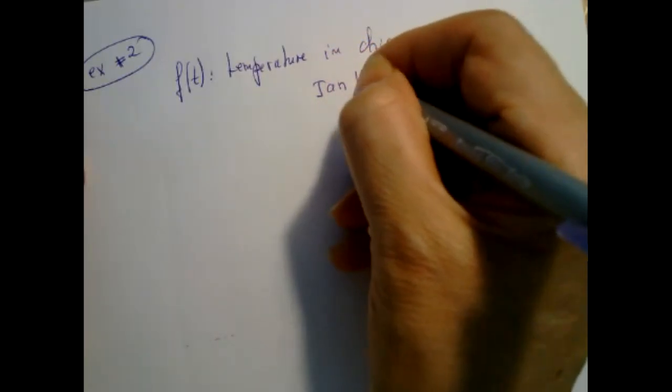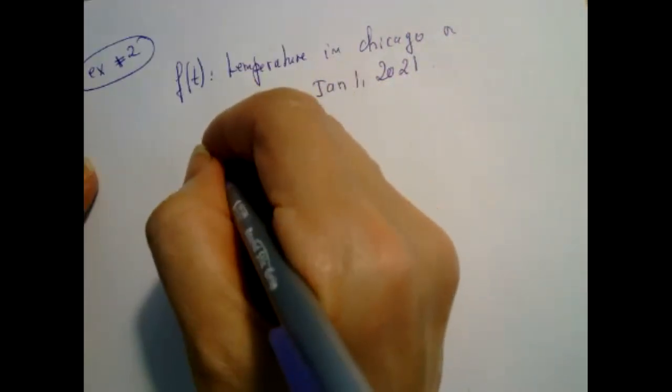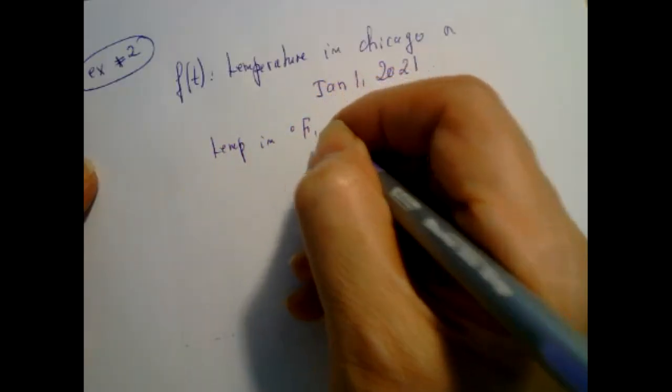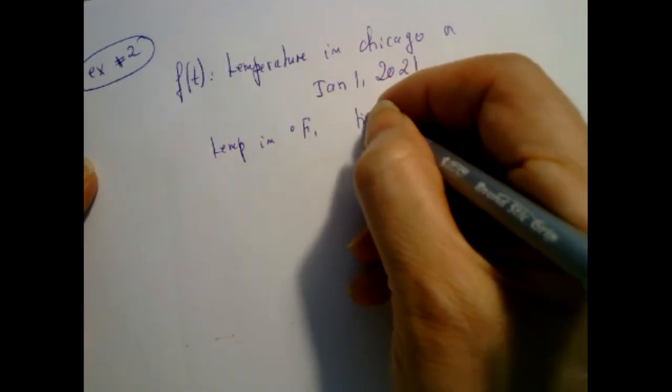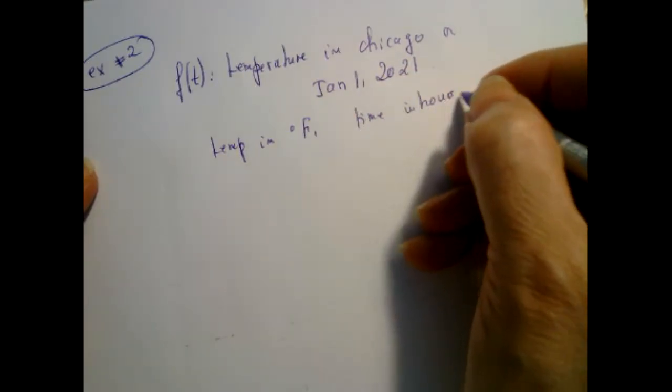Let me pick January 1st, 2021. Temperature is in degrees Fahrenheit and the time in hours. So these are the units I'm going to use.